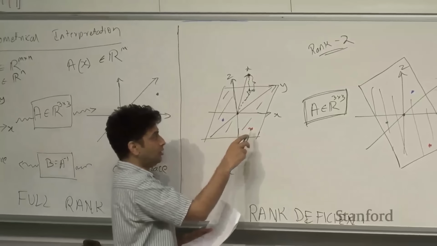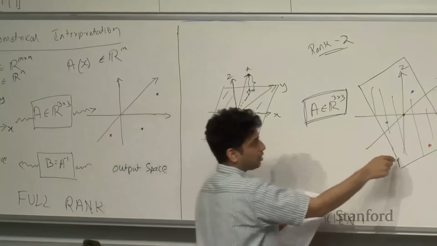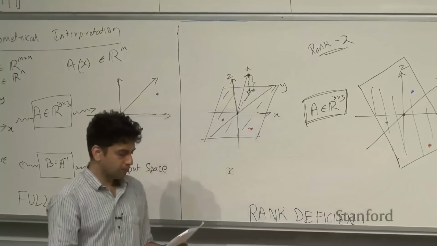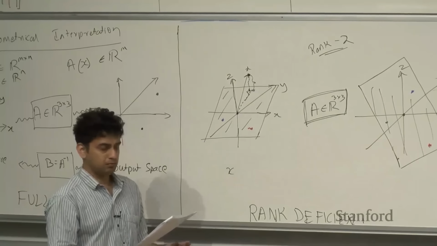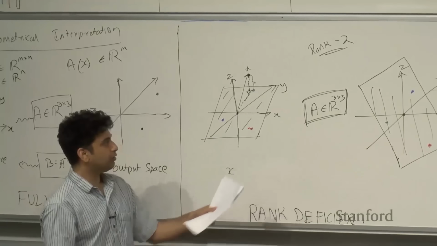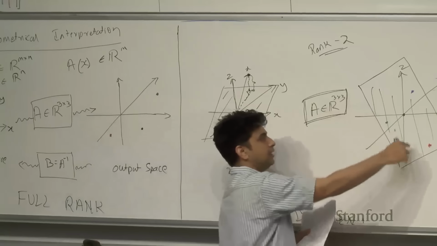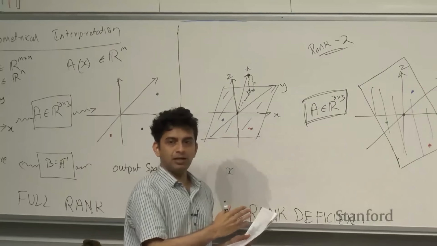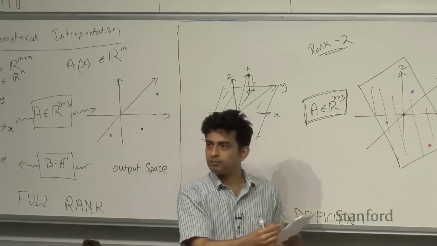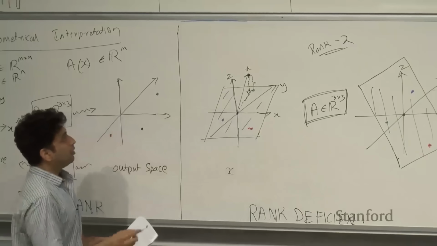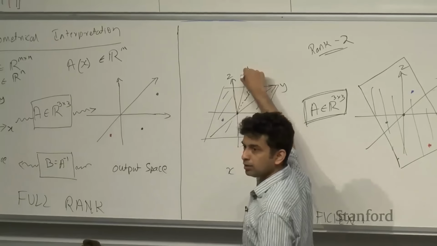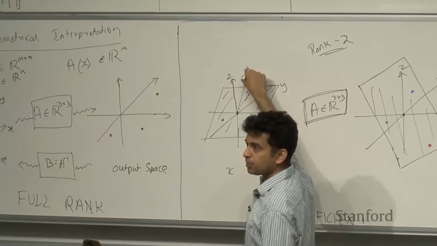So this is called the row space, and this is called the column space, also called the range. It is the set of all points which can be represented as linear combinations of the columns of A.